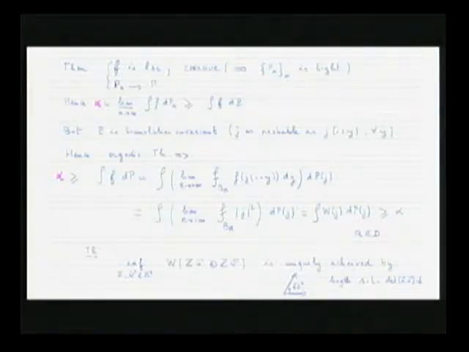And then you get that alpha, the minimum, is bounded below by the integral of f dP. And now you use the Ergodic Theorem, because by construction, P is a translation invariant probability measure, because a shifted j is as probable as j itself. That's by construction.